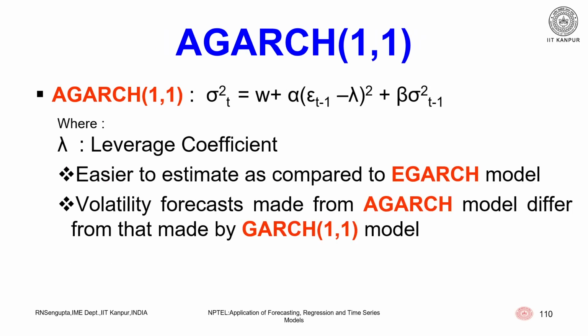Now, for the AGARCH model of 1 1, by the way 1 1 means basically the parameters p and q. So, if p is more than 1, q is more than 1, the terms will increase, that is just the factor. So, here sigma square, which is the conditional heteroscedastic concept or the variability, is basically given by a leverage coefficient which you are considering.